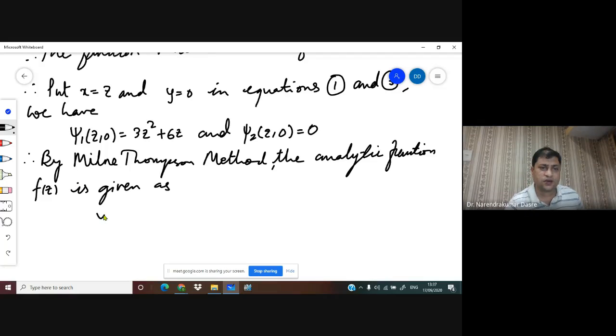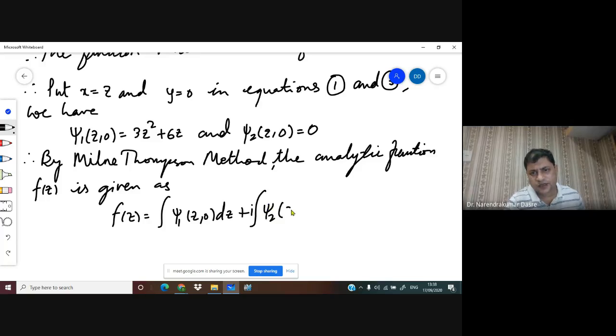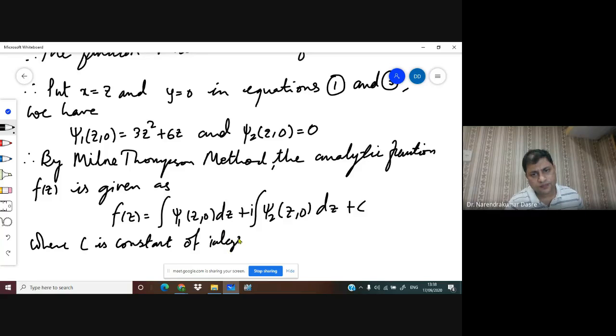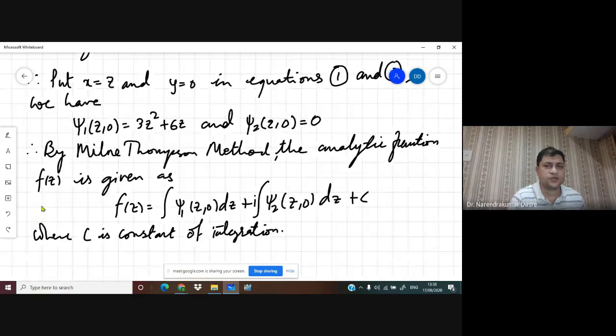So f of z is equal to integration psi1 of z0 dz plus i integration psi2 of z0 dz plus c, where c is the constant of integration.